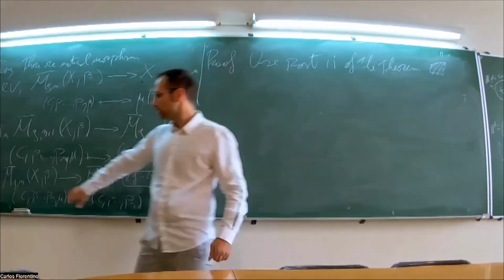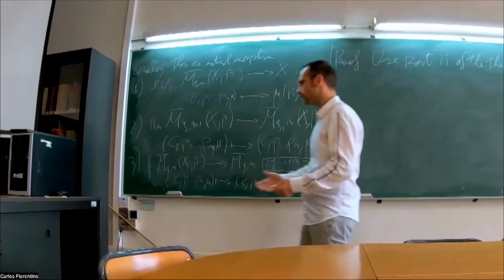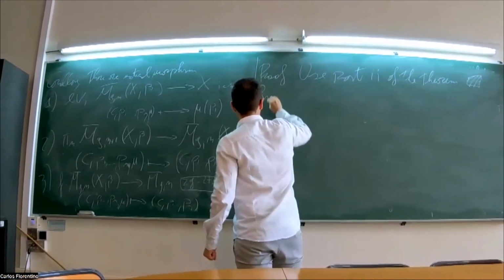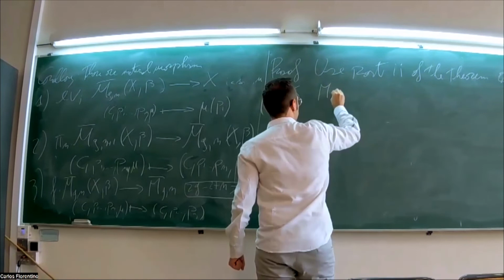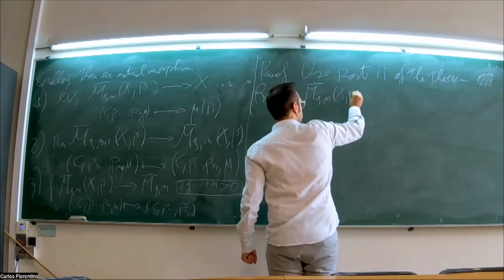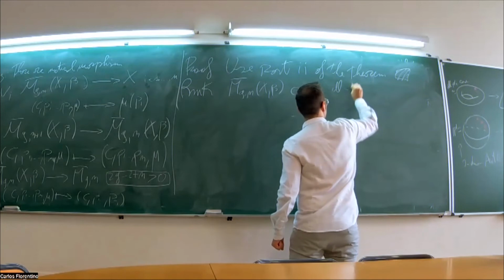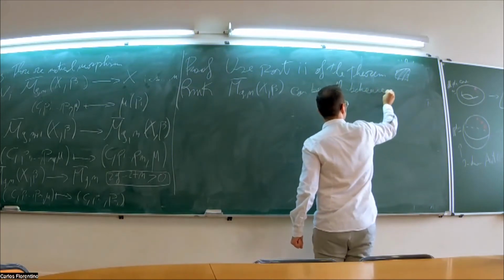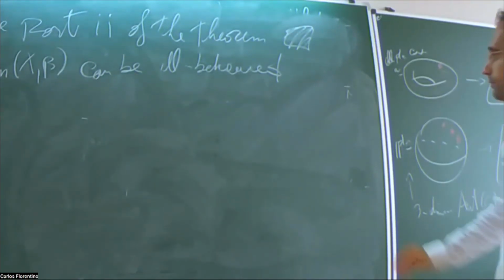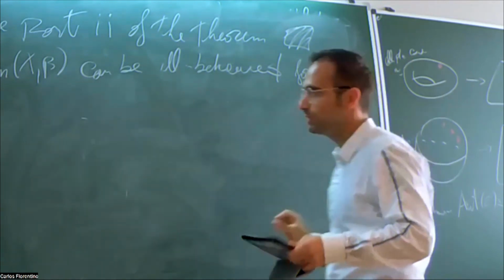This one could be a fine moduli space, but in general, it's coarse. Remark: M_{g,n}(X, beta) can still be nonempty for g greater than 0. So we will see a specific example.